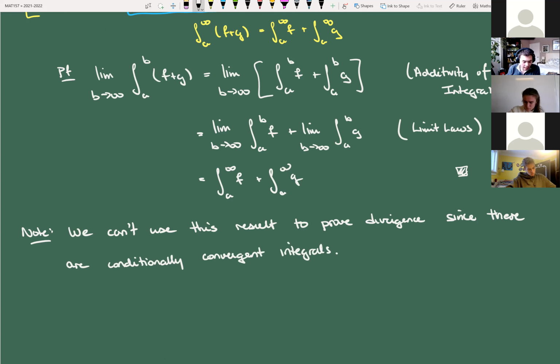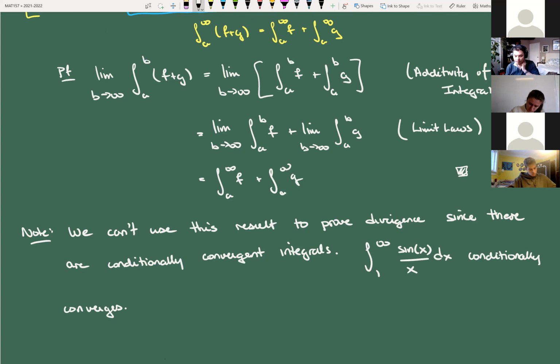The one I'm going to give you, I'm pretty sure, is the integral from 1 to infinity of sine x over x dx. It conditionally converges. It does not converge absolutely, it only converges conditionally.